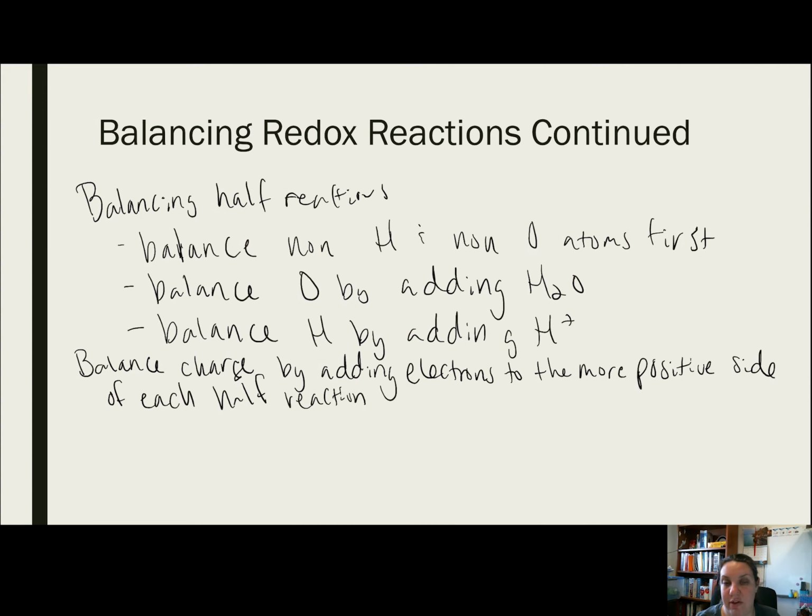And you can use this, if you didn't do oxidation states, to determine which is your oxidation and which is your reduction, as you're going to add electrons to the product side of the oxidation, the reactant side of the reduction.